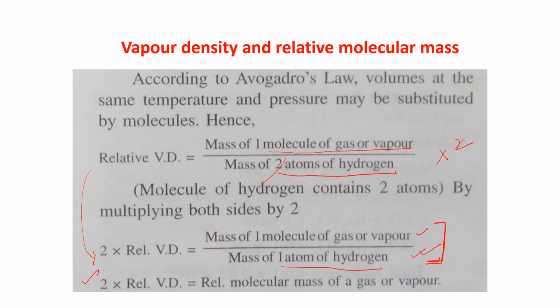So it is nothing but relative molecular mass. So 2 into relative vapor density is equal to relative molecular mass of a gas or vapor. That is why I said basics. The definition of the basics is very important to know. Otherwise, you will not be able to write that this is equal to relative molecular mass.